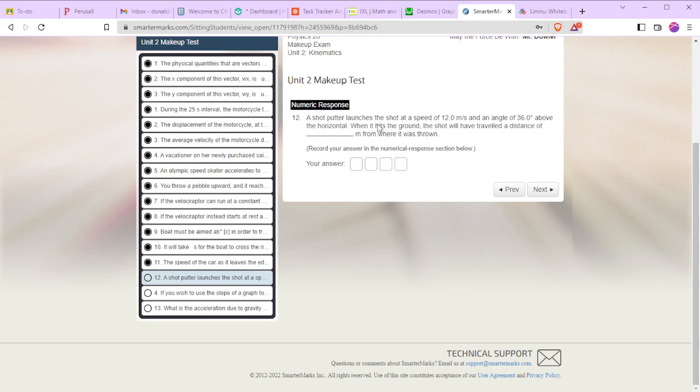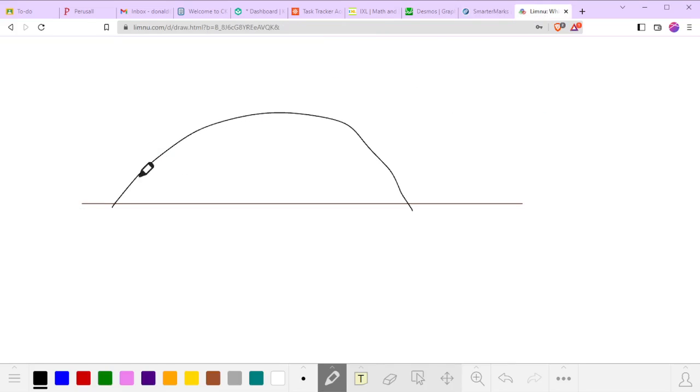So the shot putter launches the shot at a speed of 12.0 meters per second at an angle of 36 degrees. So what we need to do is figure out how much time it takes in the air. And for that, we use half the time. How much time does it take to reach that halfway point?